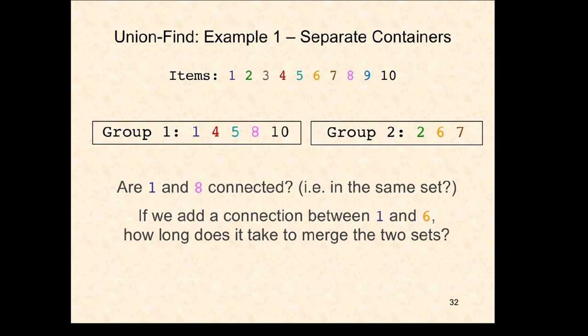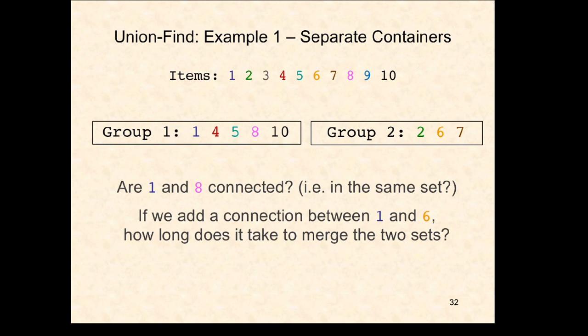Well, then when I want to know if 1 and 8 are connected, I've got to look at every container in my container of containers and look through everything in that group and say, is 1 in here? So maybe when I look at my outer container, the first thing I find is group 3, and then I find group 7, group 12, group 18, group 23, and then I find group 1, and then I search through group 1 and I find that 1 is in there.